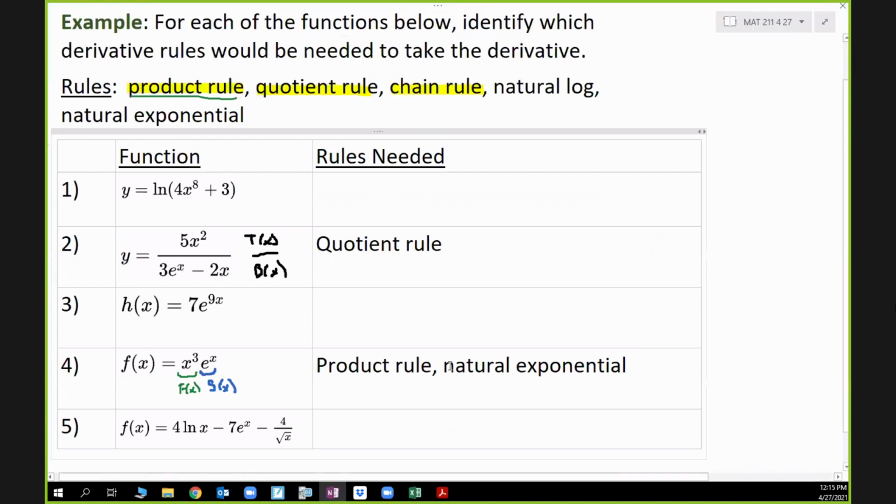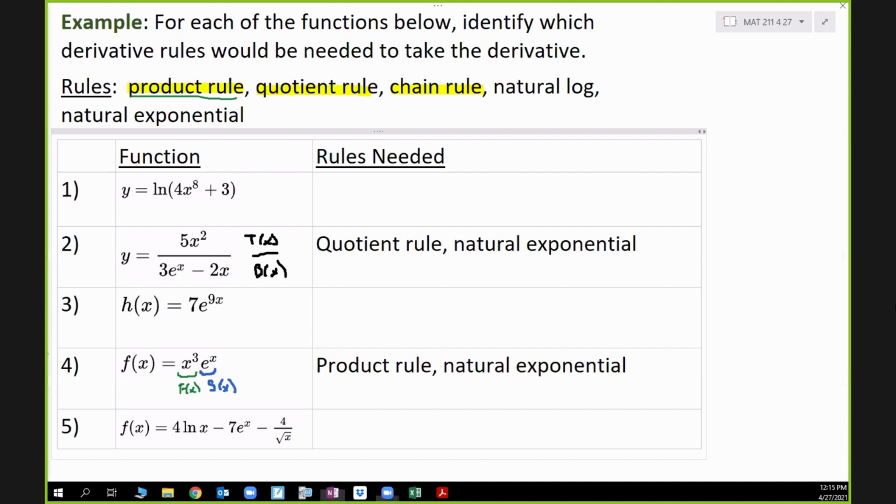So I already filled in the natural exponential down here for number 4 because that was an e to the x. So anytime you have e to something, that's a natural exponential. This one also used that natural exponential, which just means that the derivative of e to the x is itself.